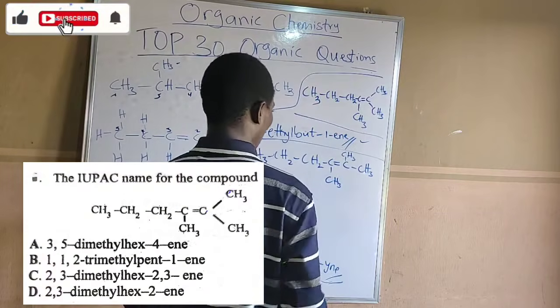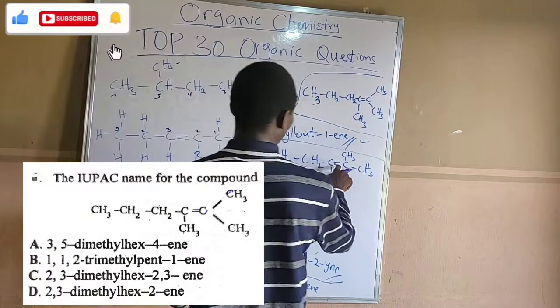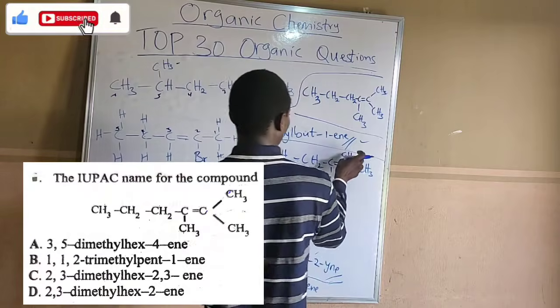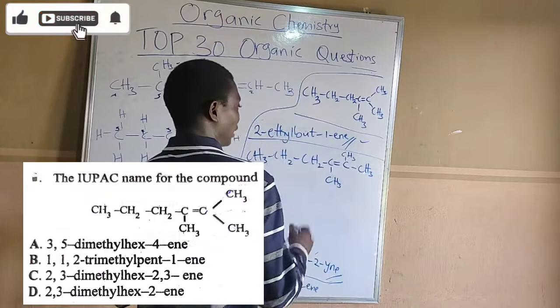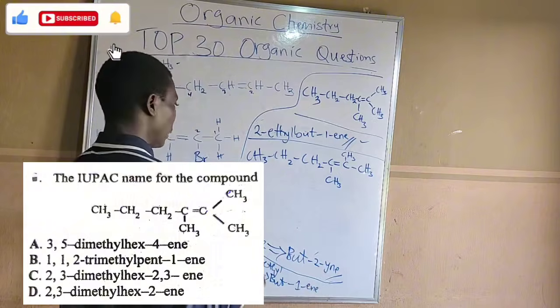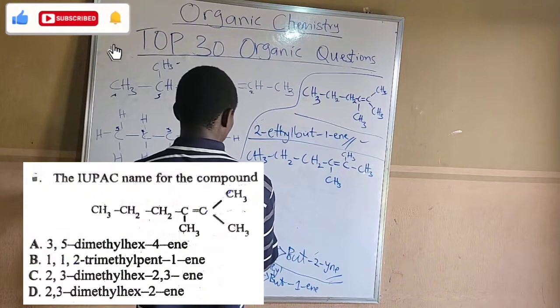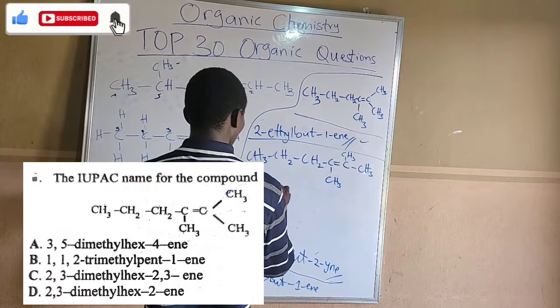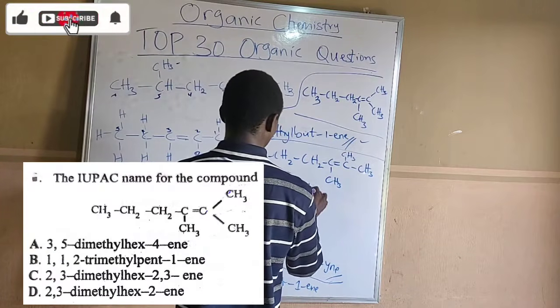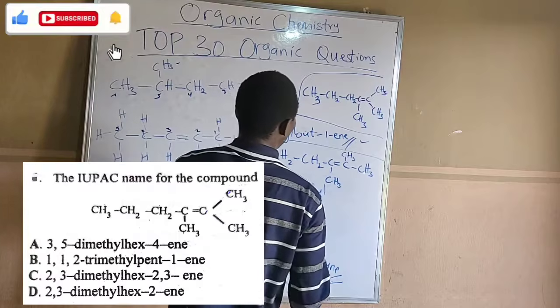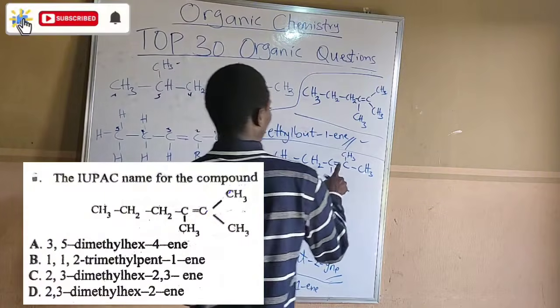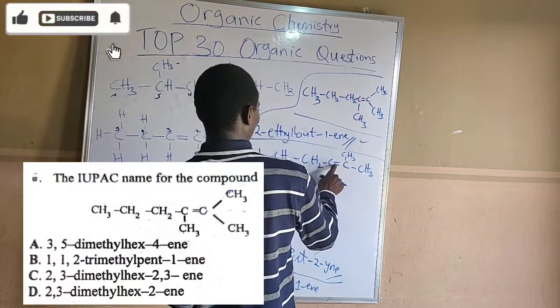If you want to name this one now, you must make sure the double bond is considered. It has two substituents, but the two substituents are the same. Methyl. So the substituent we have here is methyl, that is CH3. To start numbering the carbons, you must do it in favor of this double bond.